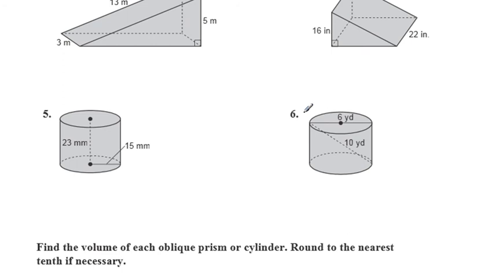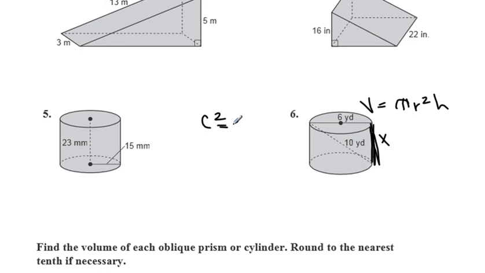Okay, number 6, to find the volume of the cylinder, we're going to take pi times the radius squared times the height. But this time we're actually going to have to find the height by using the Pythagorean theorem.